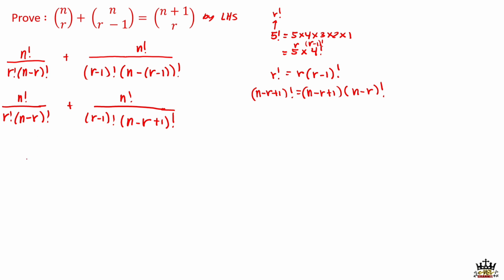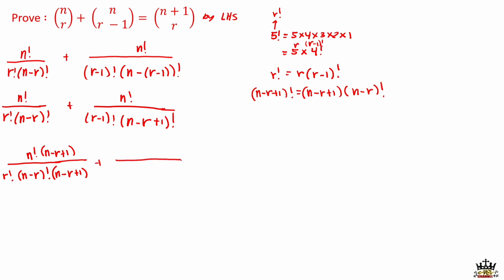So we write it as n factorial over r factorial times n minus r factorial. To get this, we multiply by n minus r plus 1. Whatever you multiply to the denominator must be multiplied to its numerator.